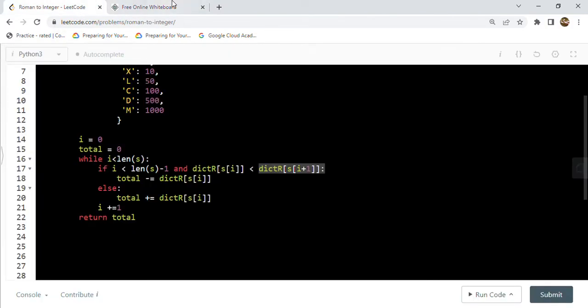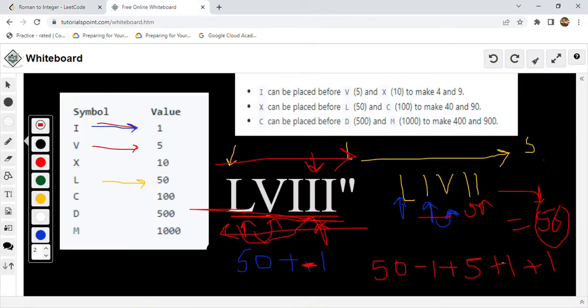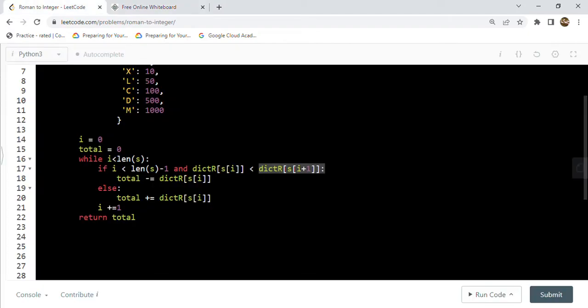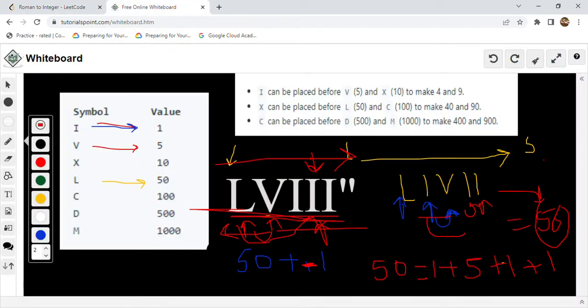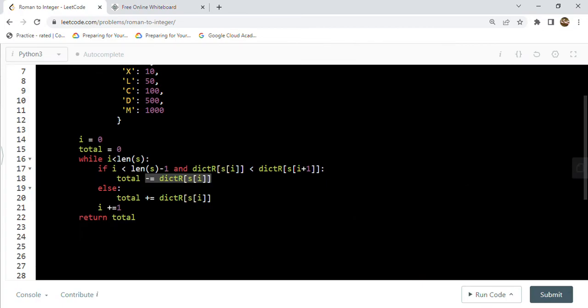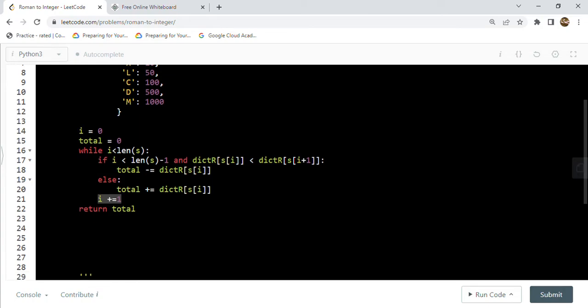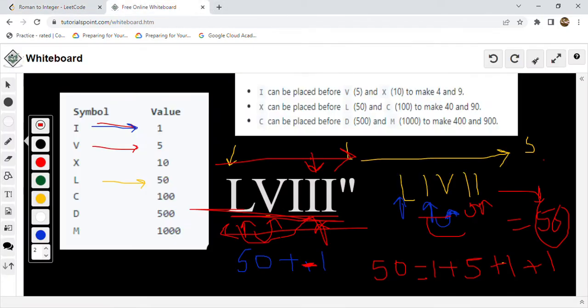If it is less than, then we will subtract the value: total minus equals dict of s of i. Else, if it is not lesser than the next value, then we will simply add it to the total value, and we will increment i by 1. This is how we are doing it from the starting index to the ending index.